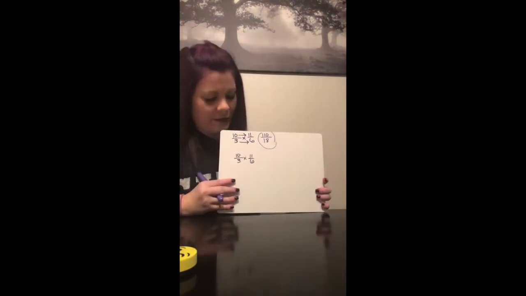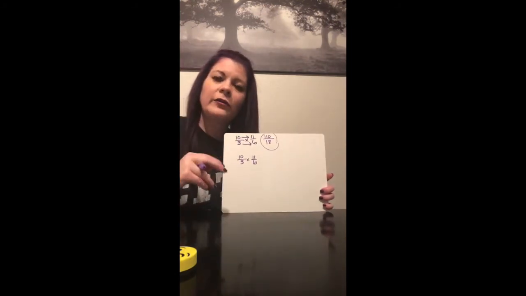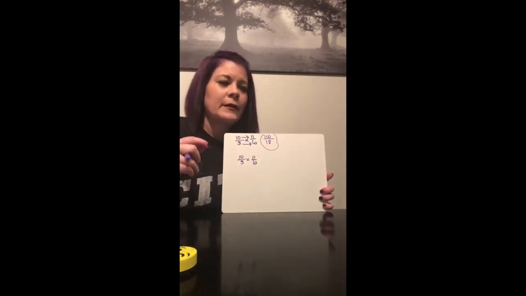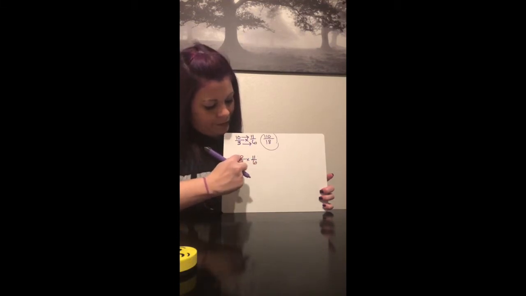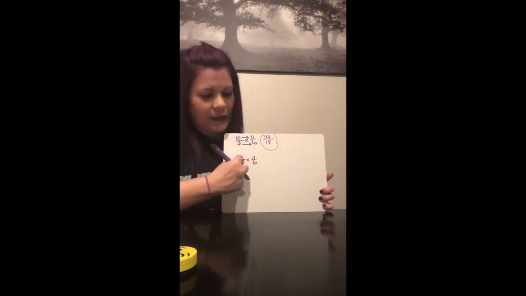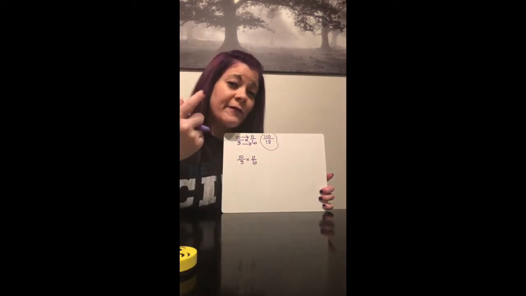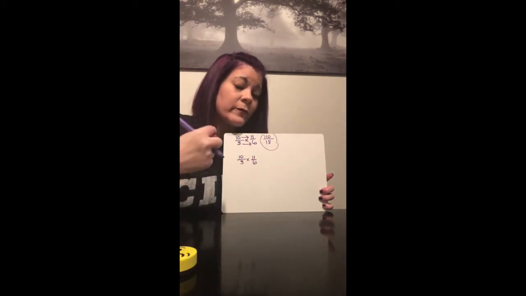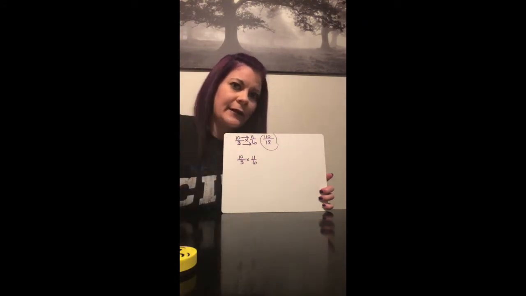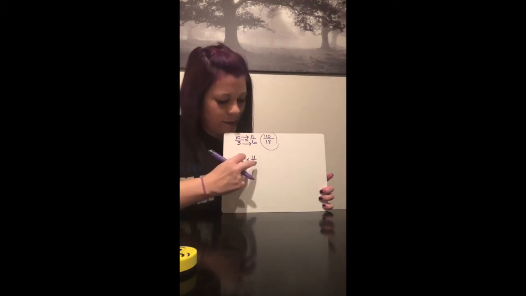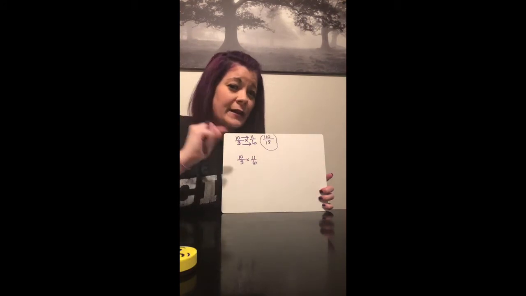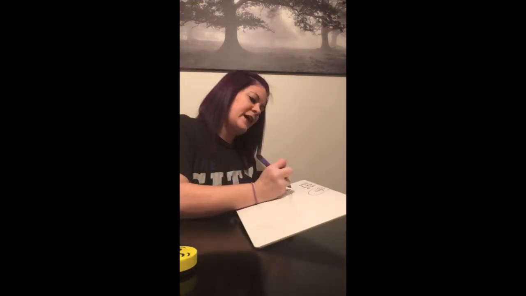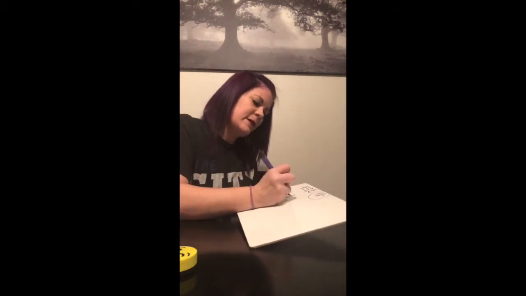So 10/3 times 11/6. What you want to do is see your diagonals, your cross products here. So 10 and 6, if they have a common factor, a number that they can both be divisible by without getting a decimal, then you can reduce there. So 10 and 6, I know they can both be divided by 2. So I'm going to divide 10 by 2 and get 5, and divide 6 by 2 and get 3.